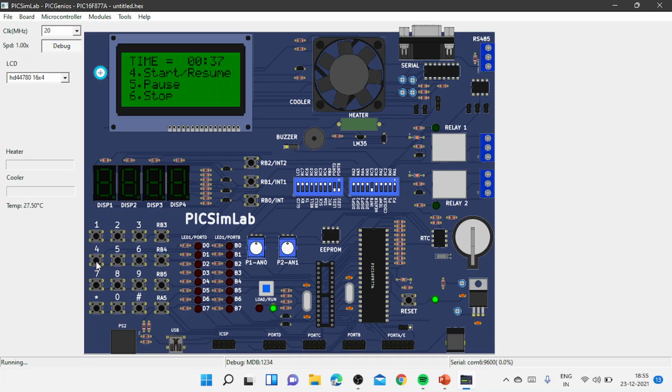Let me click this 4. The timer continues from wherever it stopped and the fan is automatically turning. After the completion of time, it showed time up, right?